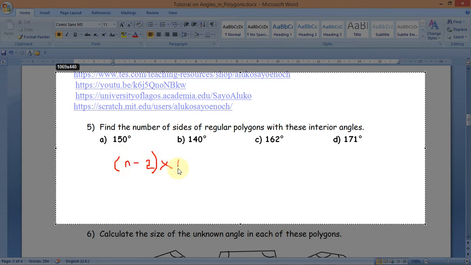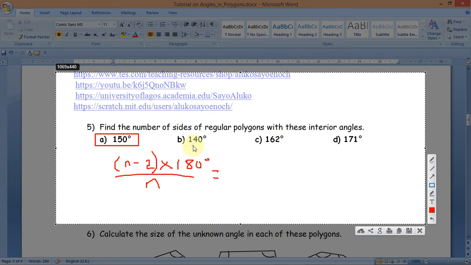This gives you the sum of interior angles. But if you want each interior angle, that will be divided by n. We are looking for n. Let me work with 150.